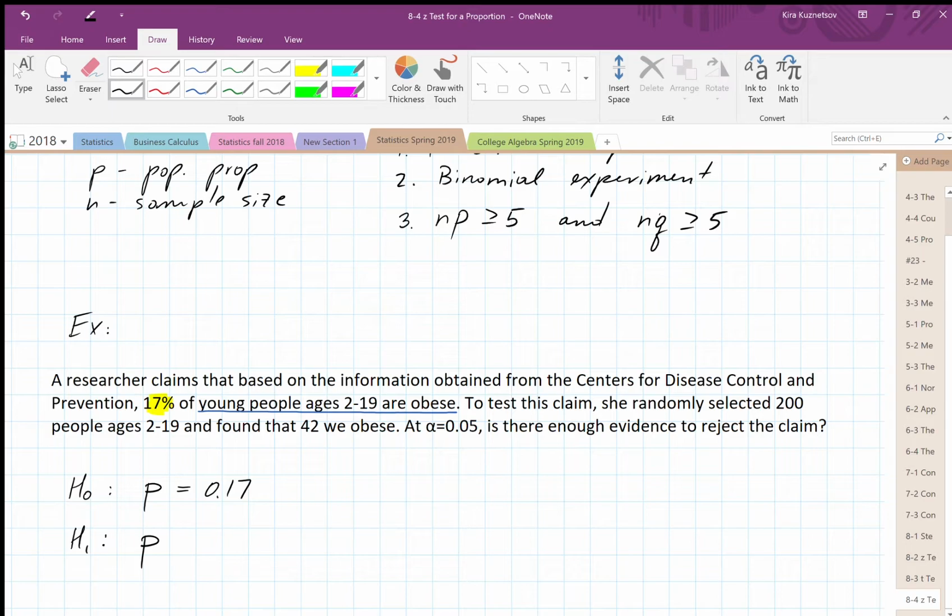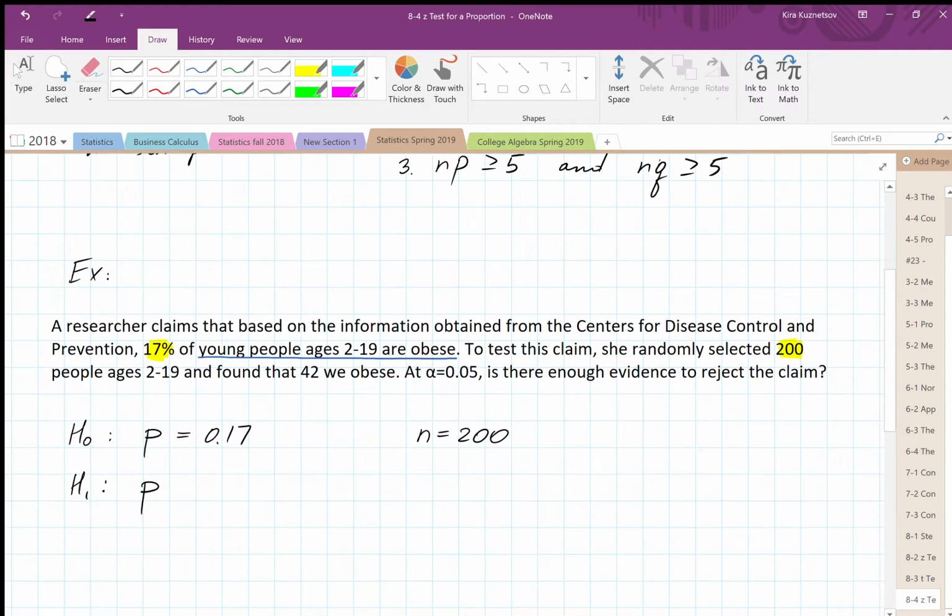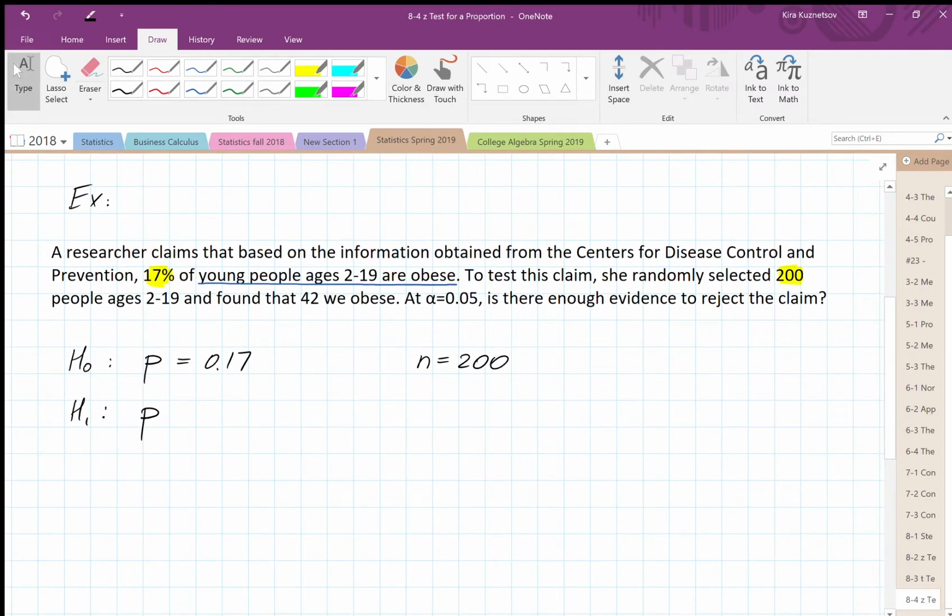She randomly selects 200 people. So when 200 people are selected, you know that n is equal to 200. And she found that 42 were obese. So she found how many people said yes to your quote-unquote success.